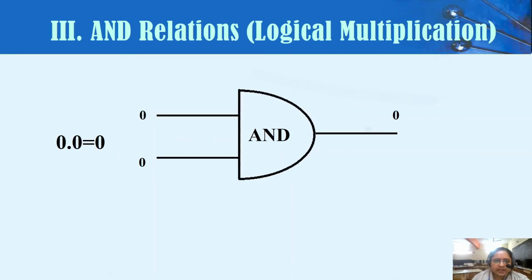Next is AND relation, which also stands for logical multiplication. So 0 dot 0, even if one of the inputs is 0, the result will be 0, as you can see over here also. So for all these, you can see that there was at least one 0, so the result is 0. And only for this last case where both the inputs were 1, the result was 1.